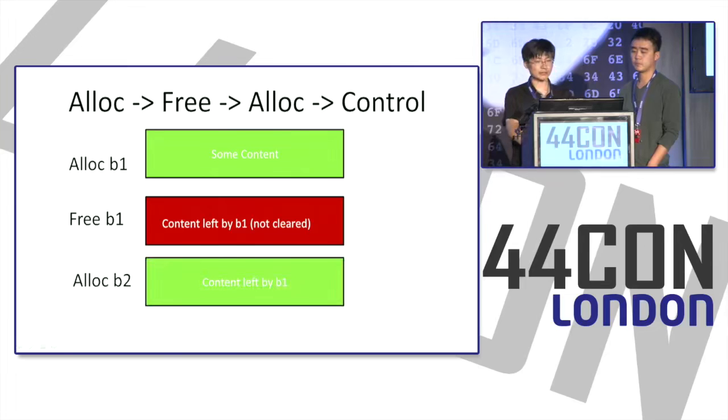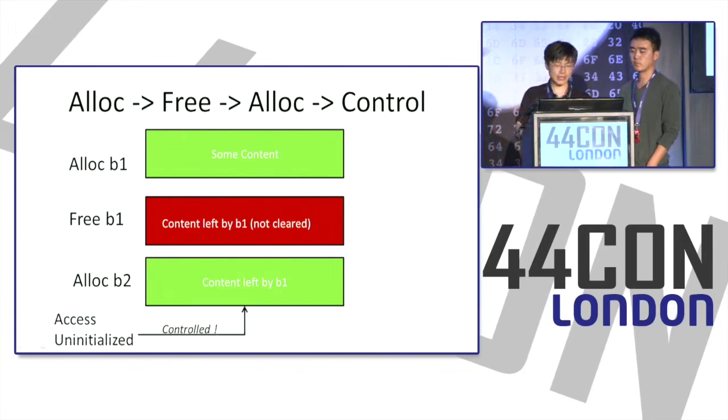Then we trigger our bug, and our uninitialized memory block will be allocated. We let it reuse the free block that we just freed in step 2. At this time, if we access the uninitialized part of this block, we are actually accessing the data left by the previously freed block. So we can control the uninitialized data.